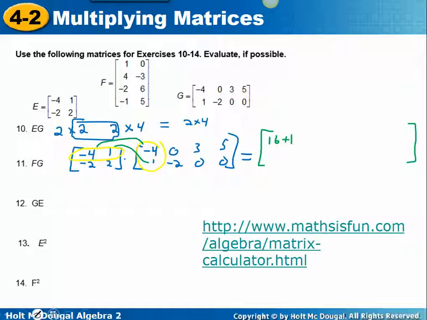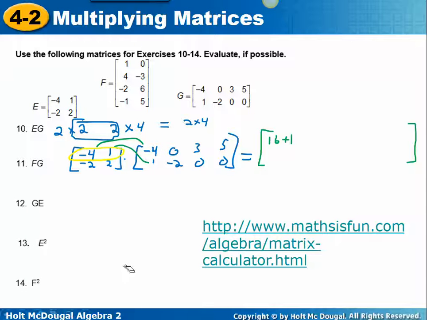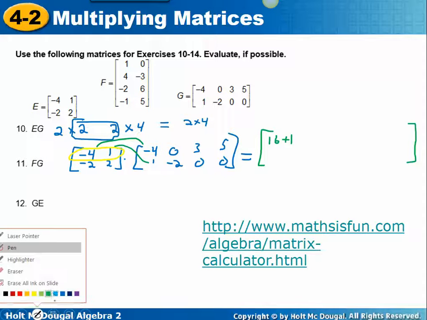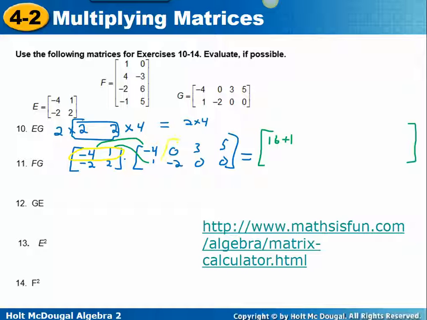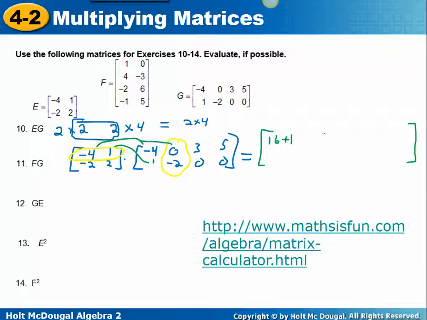All right, then I move to, I wonder if I can erase this column. Yes, I can. Now I'm going to multiply the first row. I have to do the first row by every column, so I'm just moving over. Now I go -4 times 0, which is 0. Zeros are great in matrices. Plus 1 times -2, which is -2. Then I leave my first row till I get all the columns done.